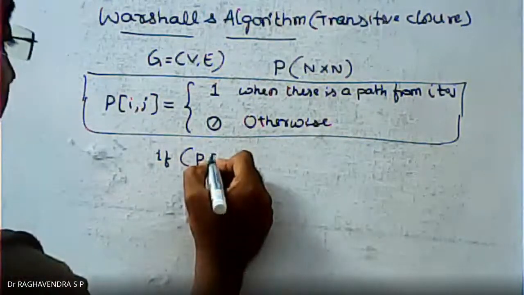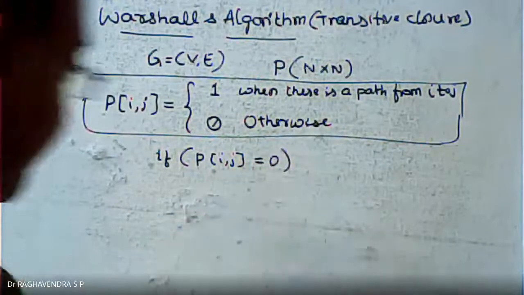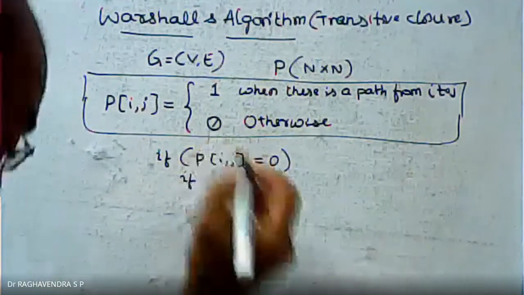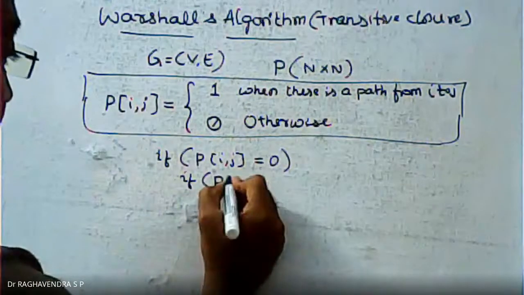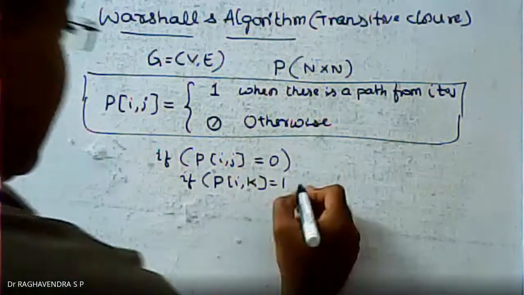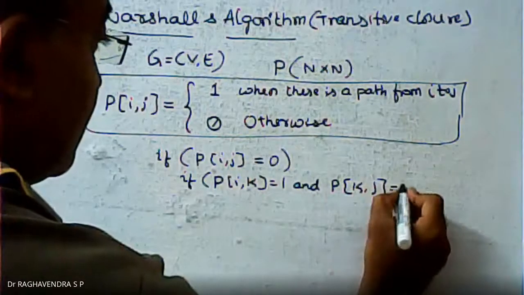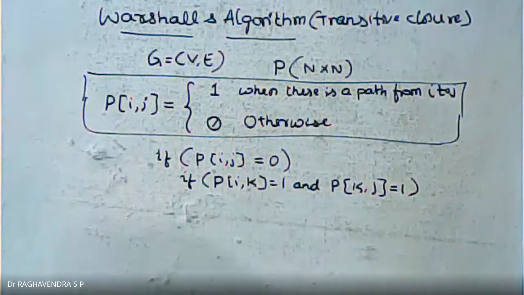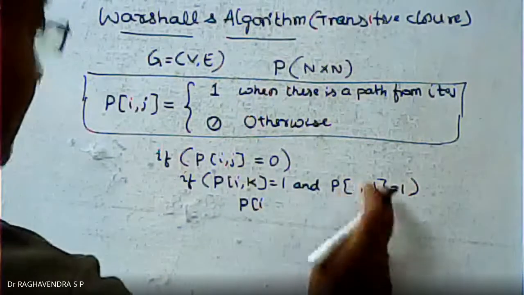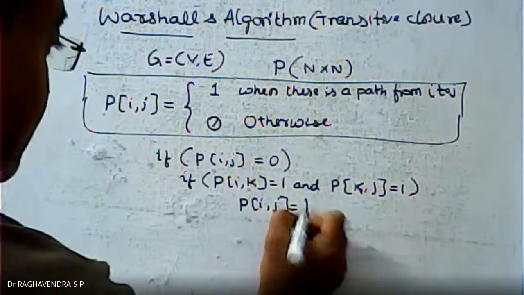If P of I comma J is equal to 0, then if P of I comma K is equal to 1 and P of K comma J is equal to 1, then P of I comma J is equal to 1.